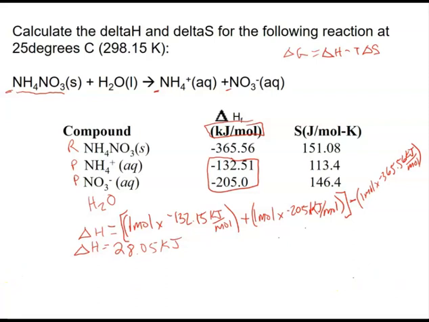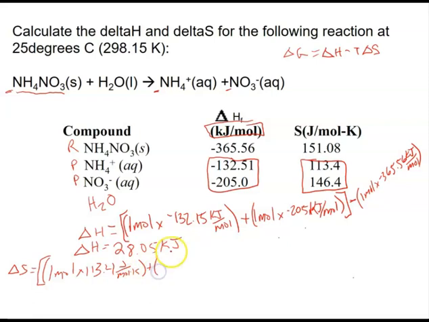And now we have to do the same thing for the delta S value. This time I'm going to start over here so I don't run off the page. For the delta S, we have again the products, and we're going to subtract the reactants. Same thing, we have 1 mole times 113.4. Now we have joules, not kilojoules, per mole Kelvin.